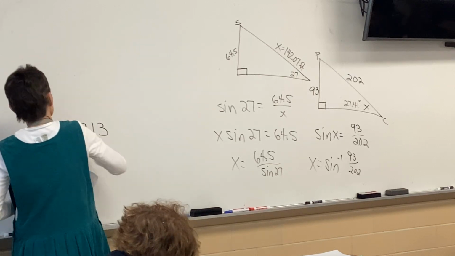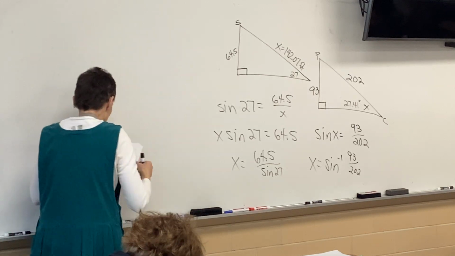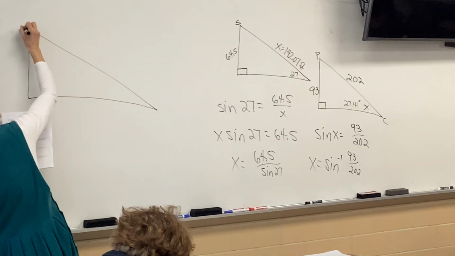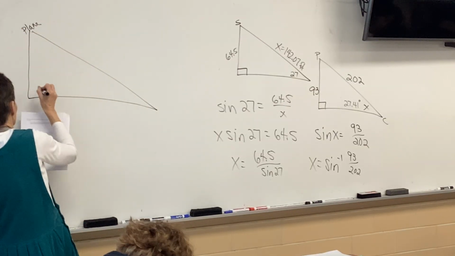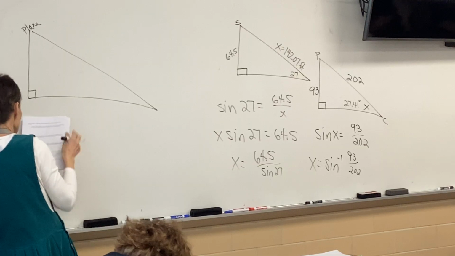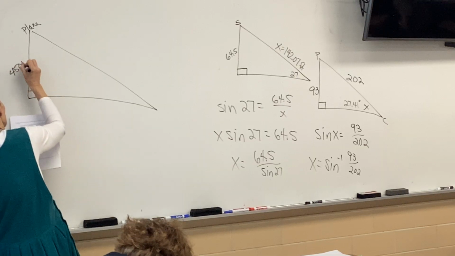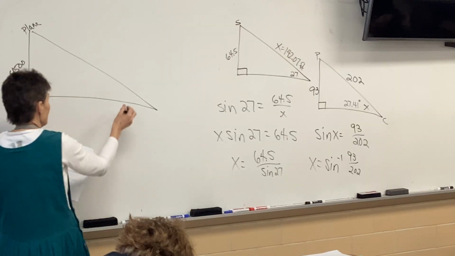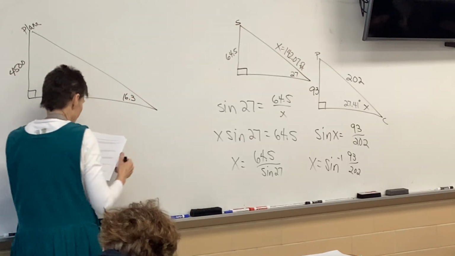We're almost done. You're doing great. Now we got an airplane. And he is 4,500 feet above the ground. The angle of depression is 16.3 degrees.